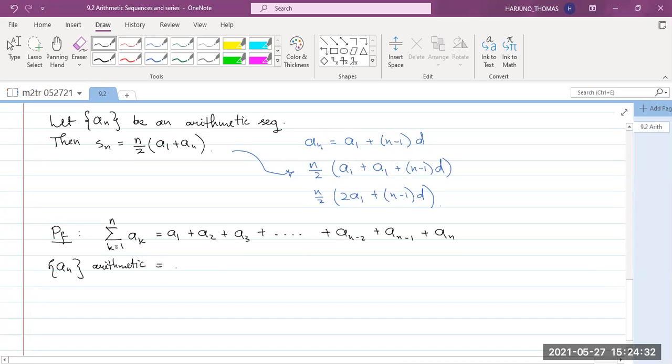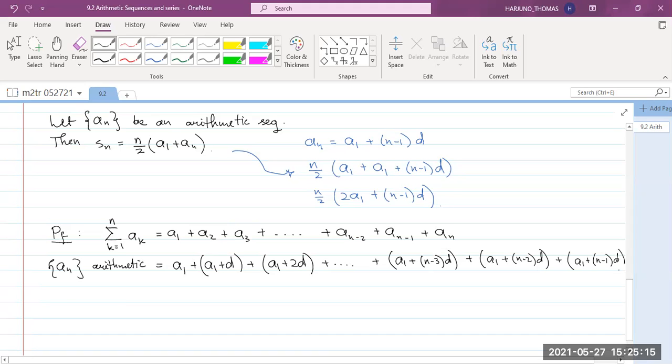then what happened is we have the first term, plus the first term plus d, plus the third term, which is the first term plus twice the common difference, all the way until the second from the last term, which will be the first term plus n minus 3 d, the first term plus n minus 2 d, and the first term plus n minus 1 d for a sub n.